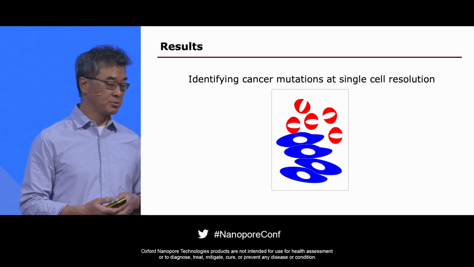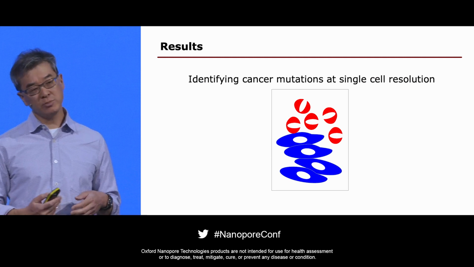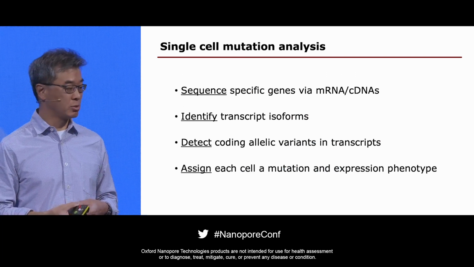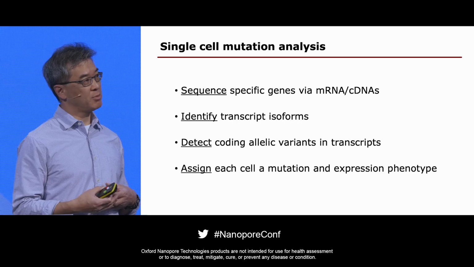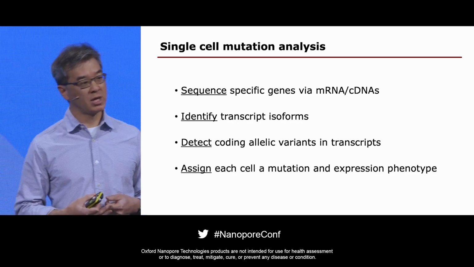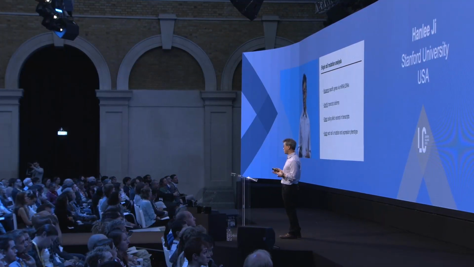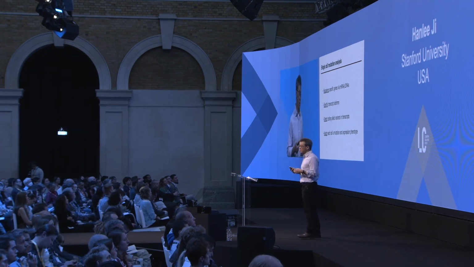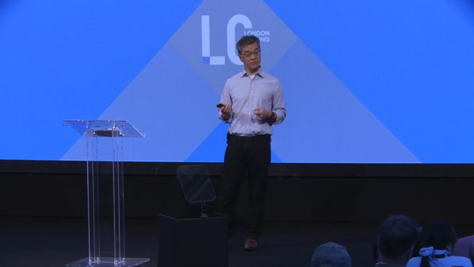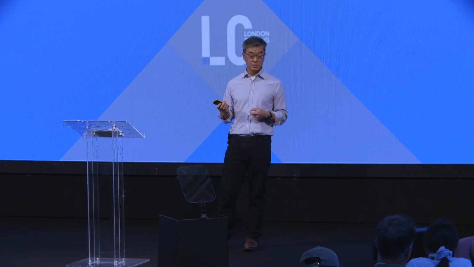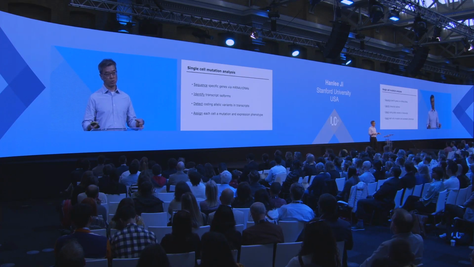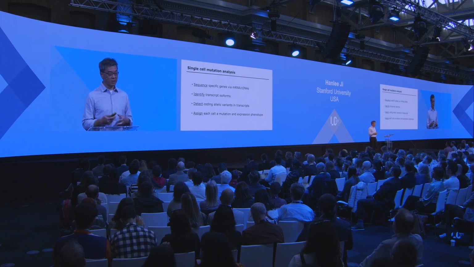Okay, so identifying cancer mutations at single-cell resolution. It's already been known that you can do this with single-cell DNA sequencing, and there are a variety of technologies that have been applied for that. But I think one thing about leveraging expressed variants is that many of you who are embarked on single-cell RNA-seq have this type of assay and this type of material available. The way that works is you fundamentally sequence individual specific genes by looking at the single-cell cDNAs. From that, you can identify transcript isoforms, which represent really an unexplored, undiscovered country that's highly biologically relevant and very impactful in cancer.